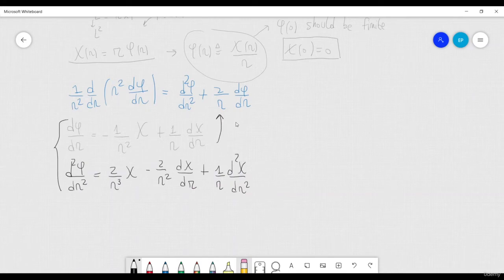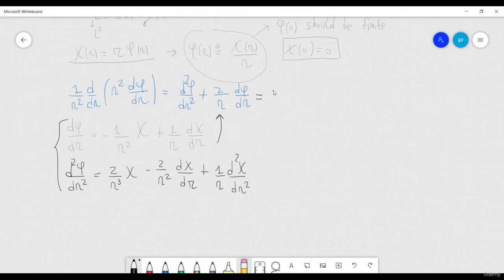Okay, and I can substitute what I have just found here. So I have to add 2 over r d phi over dr to d squared phi over dr squared, and it's simple algebra here.